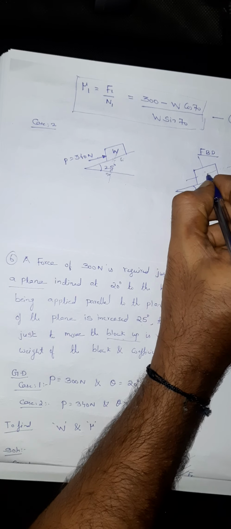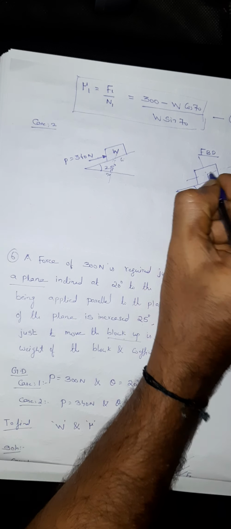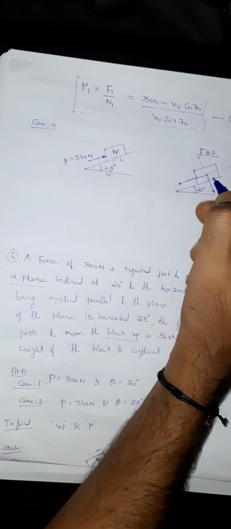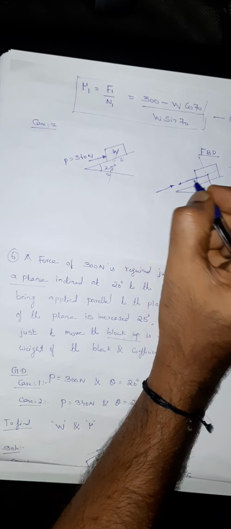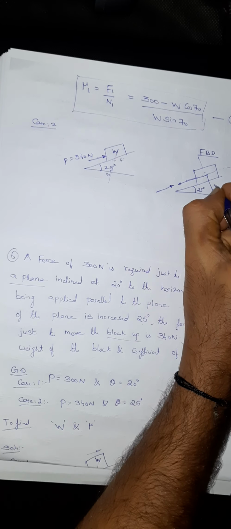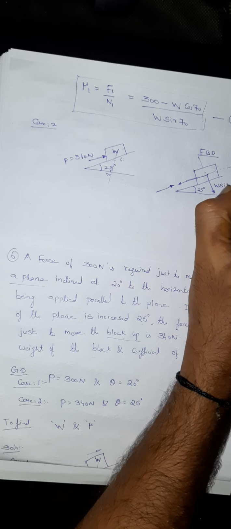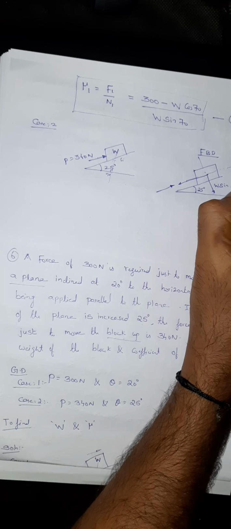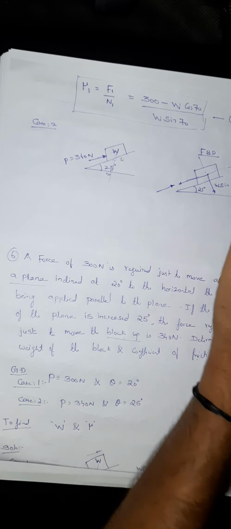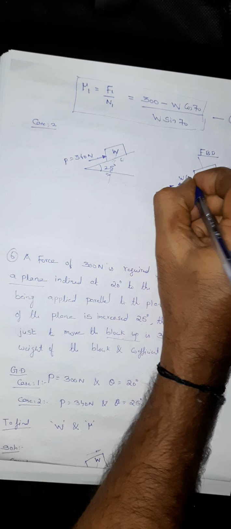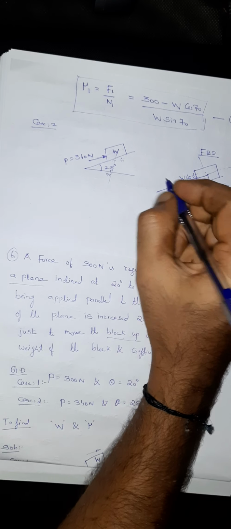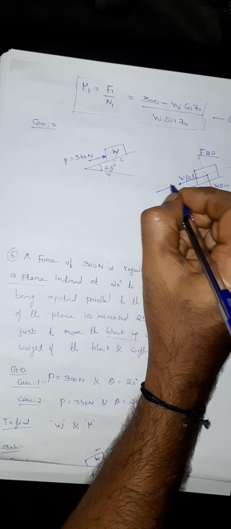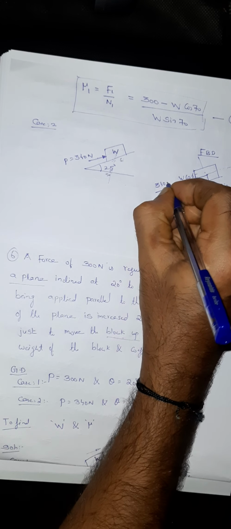So for the weight W, this is the vertical component, always sine. So W sin 65, and for the horizontal, W cos 65. The external force to move the block up is 340 Newton.